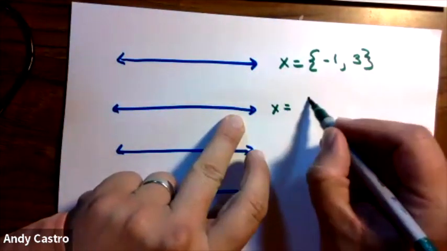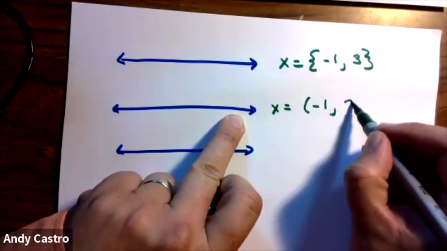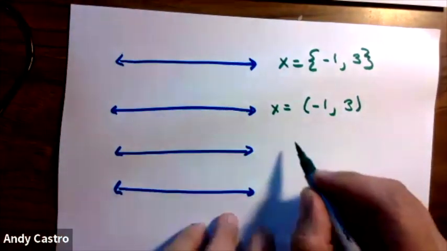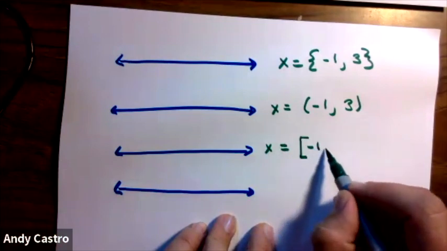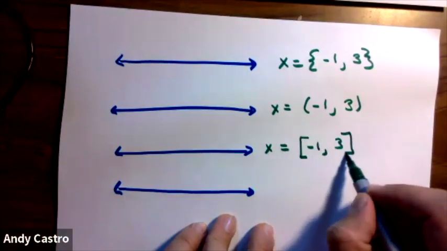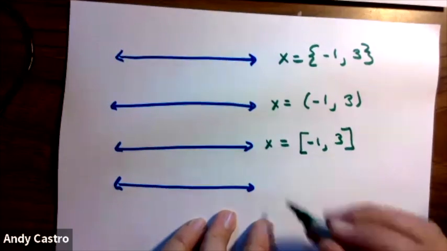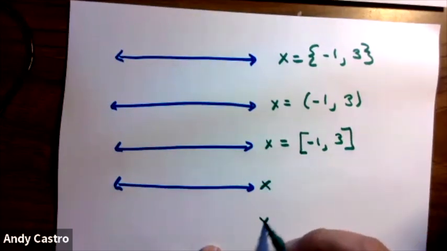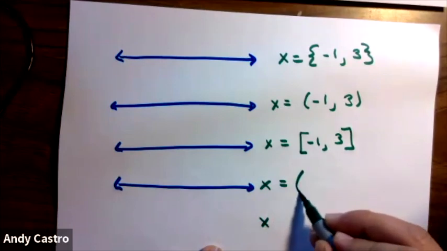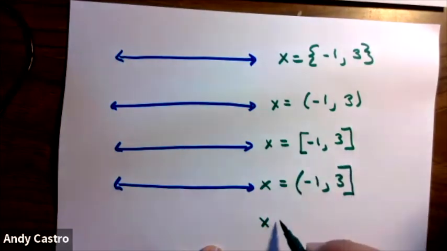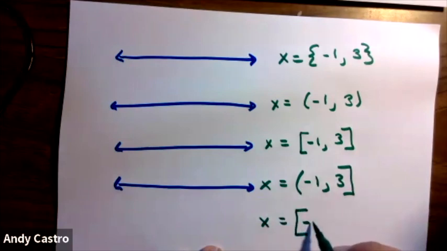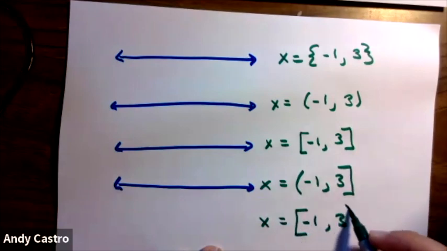This one will be -1 and +3 with the parentheses. We've already looked at those two. But then this one will be -1 and +3 with the square brackets. And then you have two that you can kind of combine. So -1 and +3, -1 and +3.